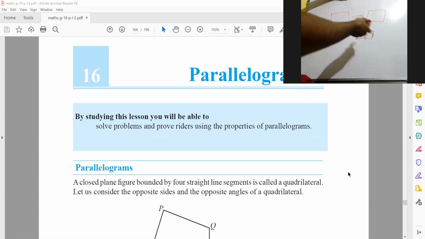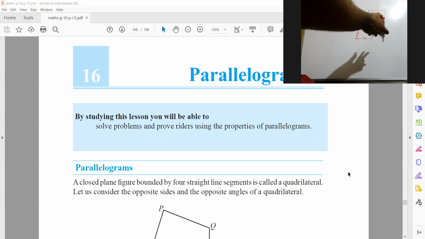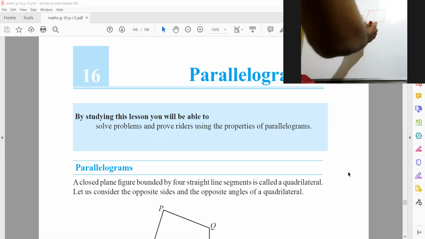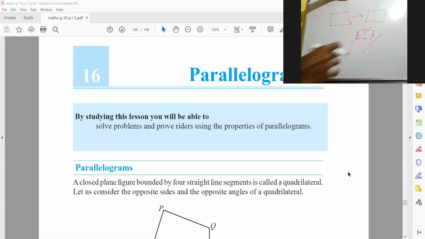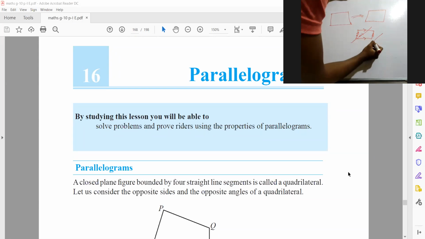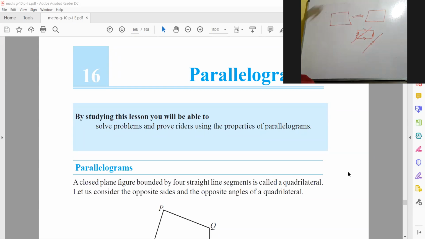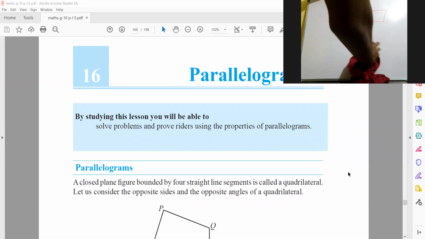And if there are three parallel lines like this, we can denote this by three arrows. All right, this is the notation of showing parallel lines.